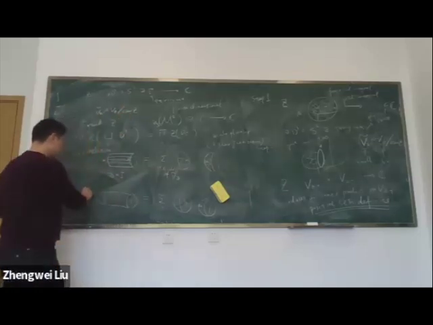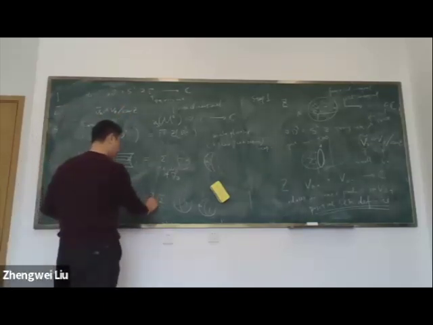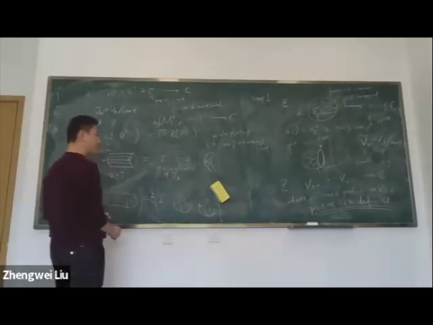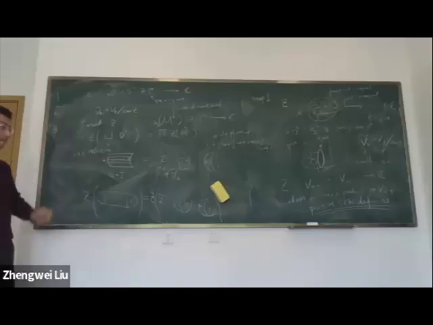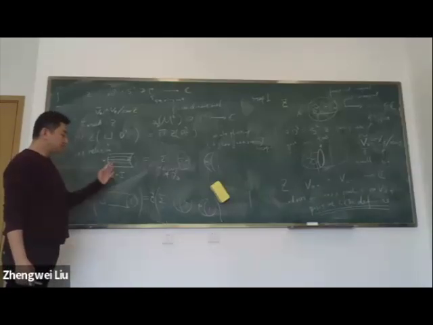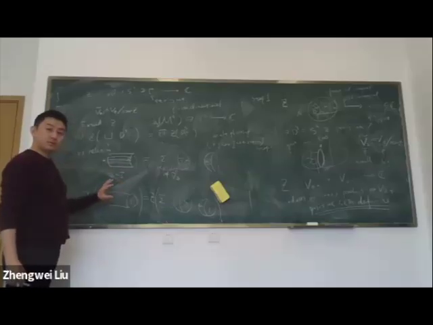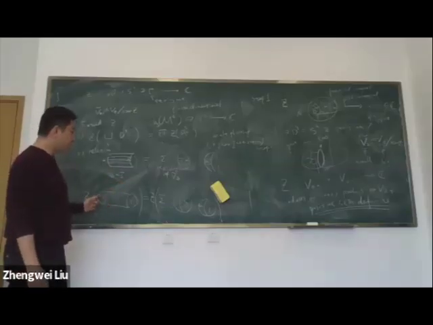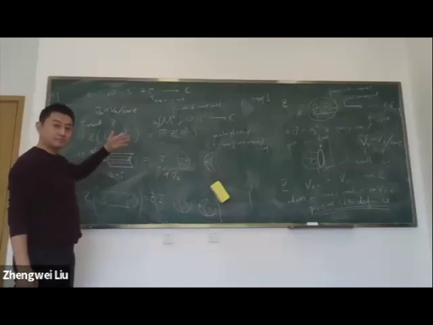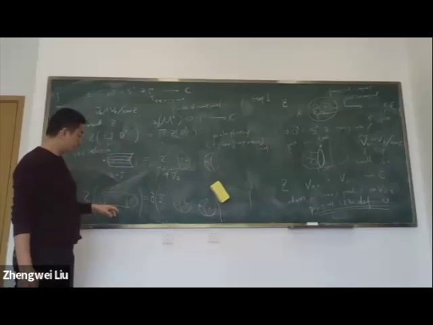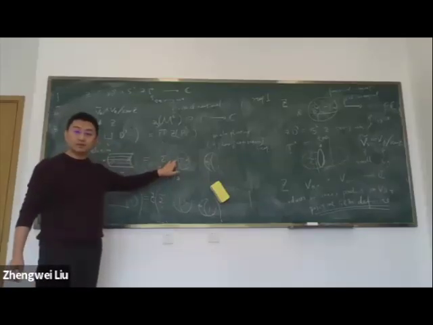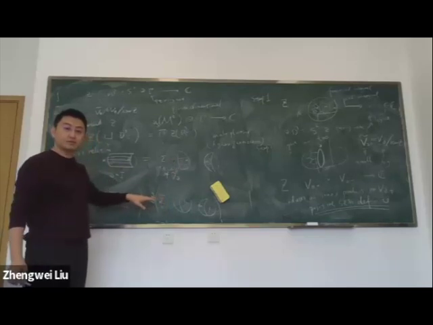So essentially, we need to show they are the same. And this is easy to check, because actually we do it in reverse. That means if we have those partition functions and we extend it multiplicatively, then we cannot distinguish this diagram and that diagram from the partition function.